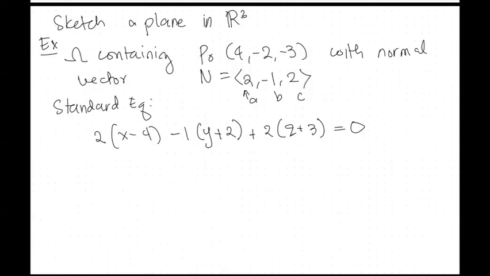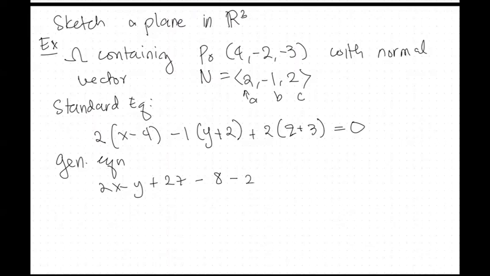If you simplify, you get 2x minus y plus 2z, minus 8 minus 2 plus 6.